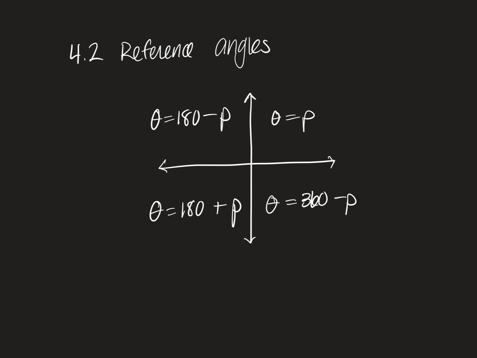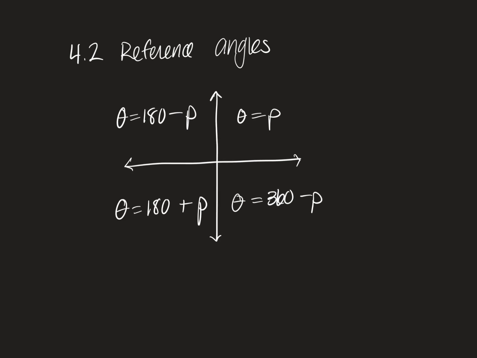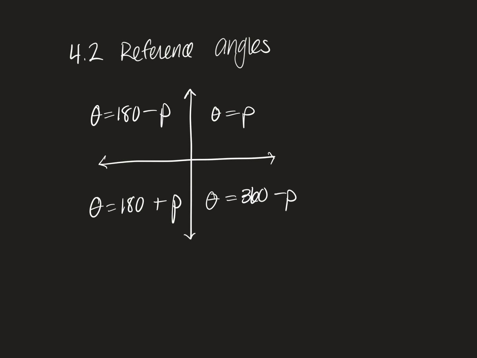So what is our first step for these? What do we always have to do first? Get it below 360 and make sure it's positive.